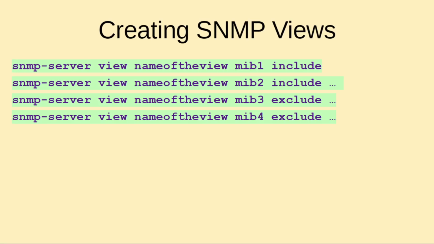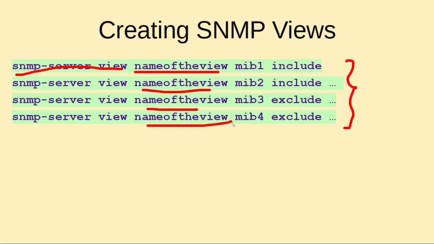Now, in order to actually create a view, we are going to use the command snmp-server view, the name of the view. You can use several commands using the same view name in order to specify how you need to create this particular view. You can add branches to your view with the include parameter, and you can exclude branches from your view using the exclude parameter.